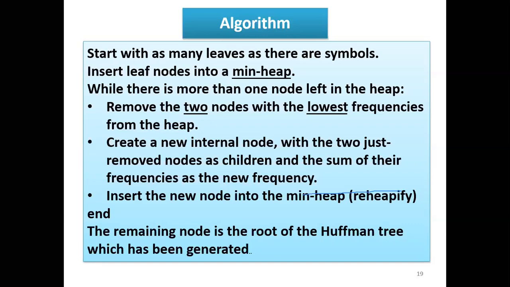Then we create a new internal node, sorting the new nodes in order to get all of them aligned. And lastly, the last node will be used as the heap root node. The next slide will give you a clearer view of all these algorithms.